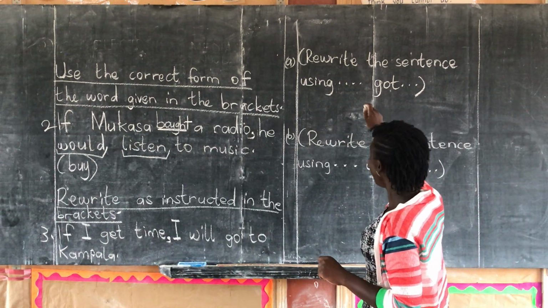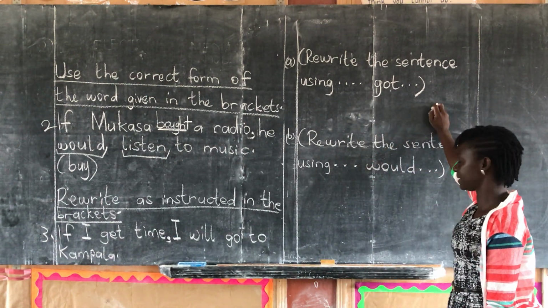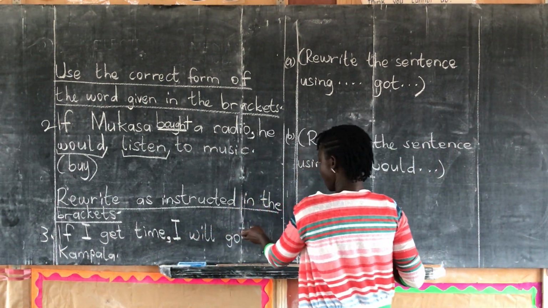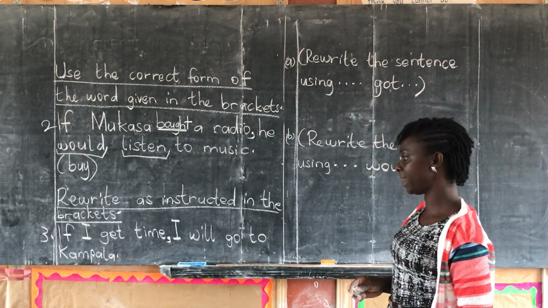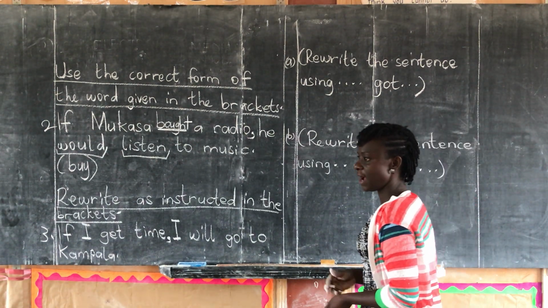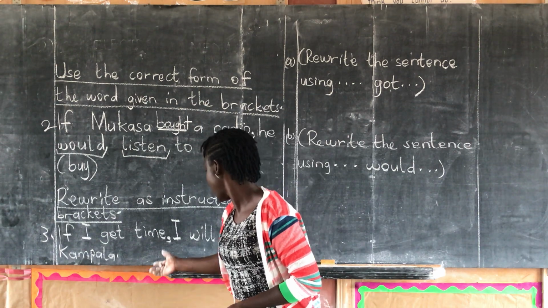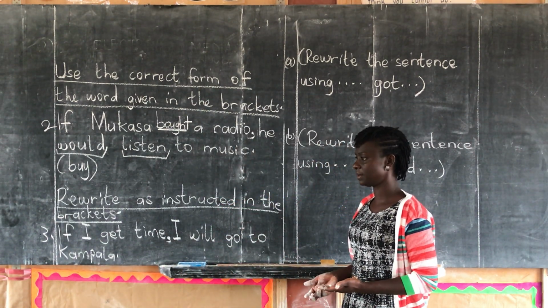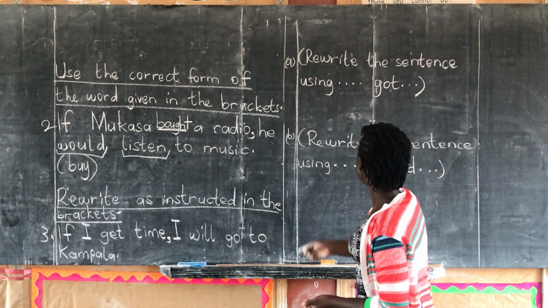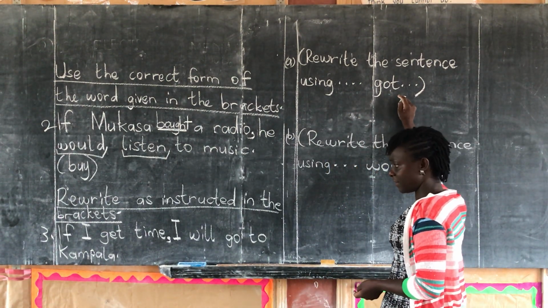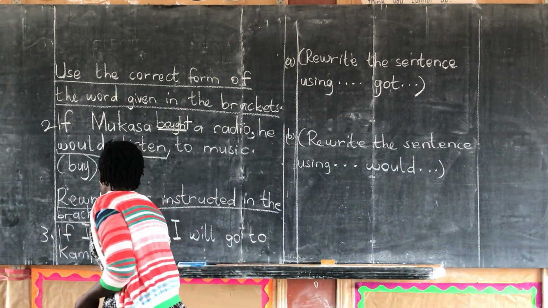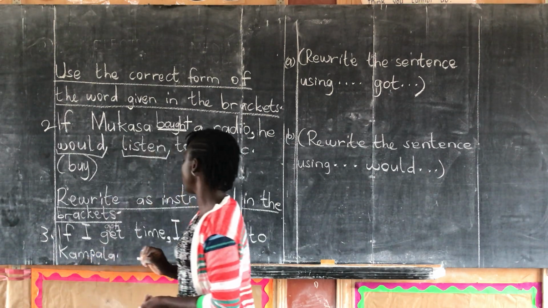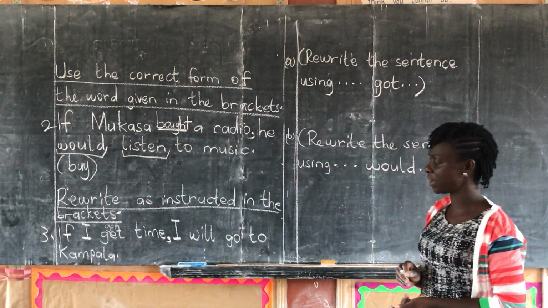Now, what do you do as a candidate? You read the question. If I get time, I will go to Kampala. Normally, I advise people to have pencils when they are writing an examination for working out. We don't only work out in mathematics. Get this word got that they've given you and bring it where we have get, because the examiner wants you to replace get with got.